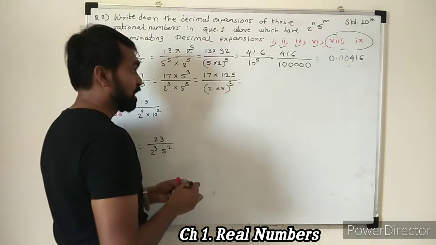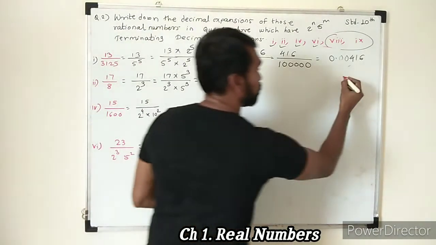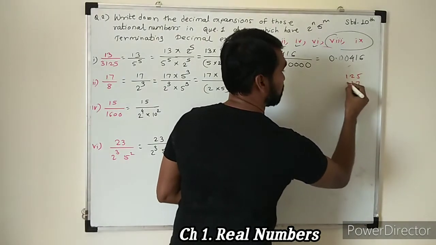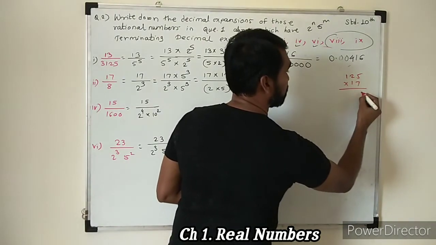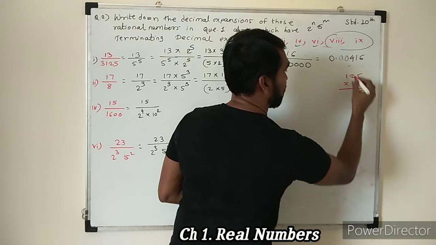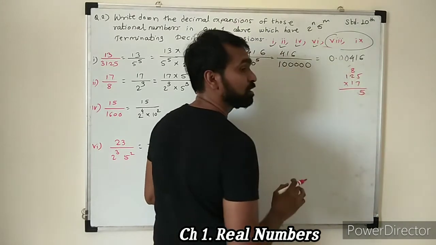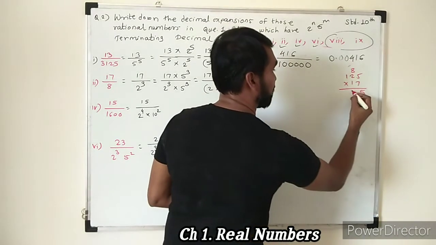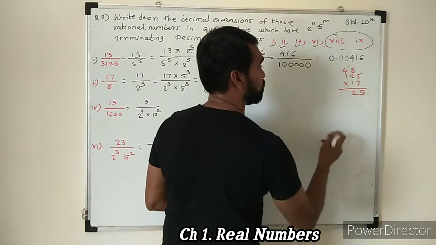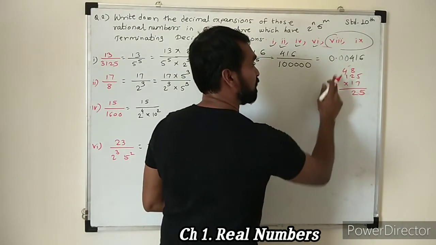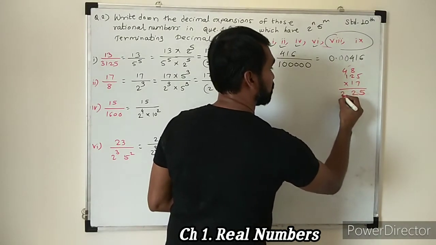Right? Now multiplication. So 125 multiplied by 17. 5 sevens are 35, carry 3... 17 times 5 is 85, carry 8, 17 twos are 34, 34 plus 8 is 42, carry 4, 17 ones are 17, 17 plus 4 is 21.